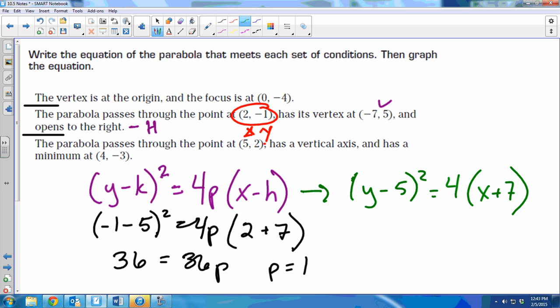What is the minimum also known as from Algebra 2? The vertex. So if it says it has a minimum or a maximum, then you know that's the vertex, right? It can only have a minimum or a maximum if it's vertical. It can't have a minimum or a maximum if it's horizontal, because then it wouldn't be the bottommost point or the topmost point. So now you can do learning target 13 homework.